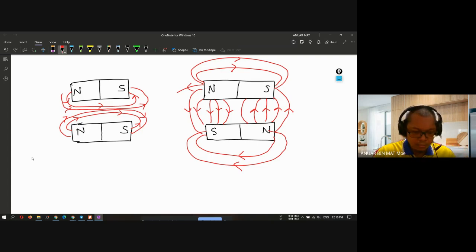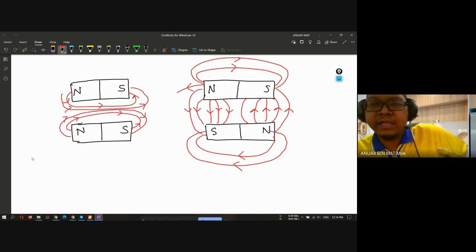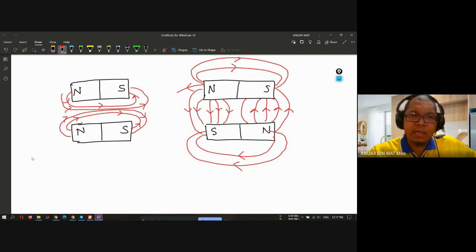Make sure you are able to draw the magnetic field lines here, and also able to identify which area has the highest or strongest magnetic field force and which area has the lowest.